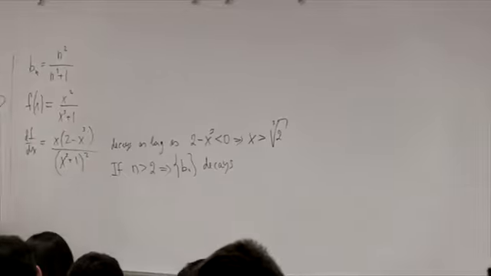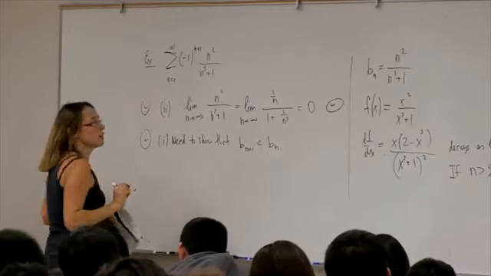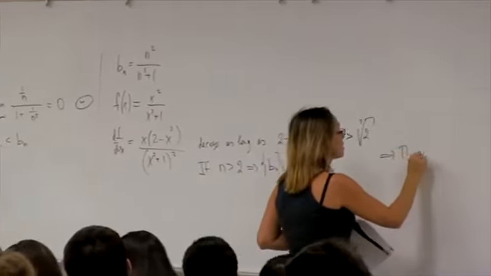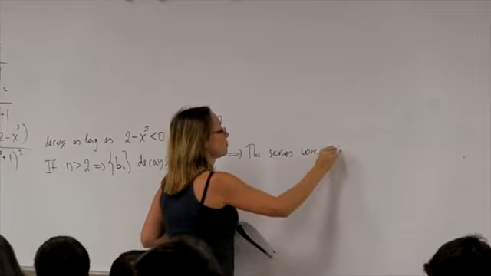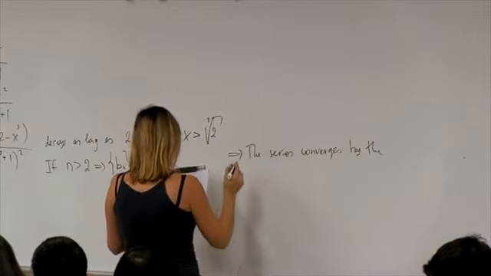So this shows that we have both conditions 1 and 2 satisfied, and we can conclude that the series converges by the alternating series test.